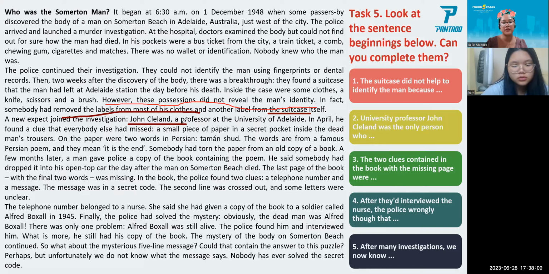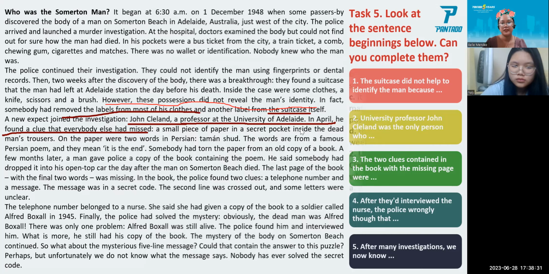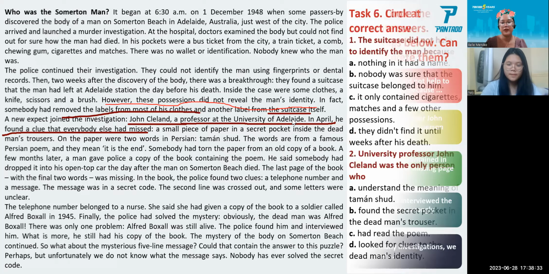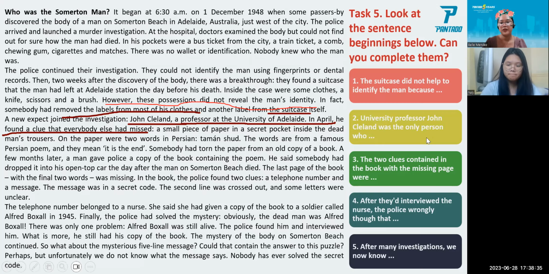Actually, John can read this part. Okay. Here, University Professor John Cleland was the only person who found the clue. All right.